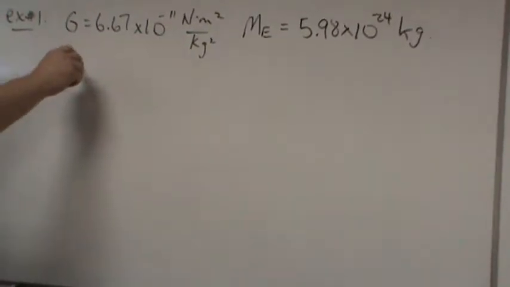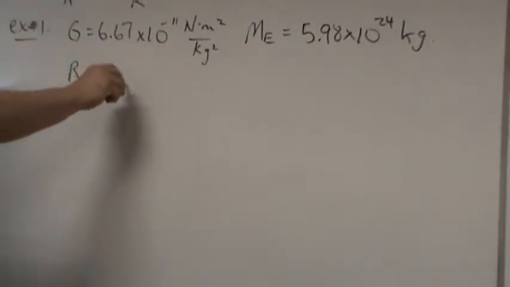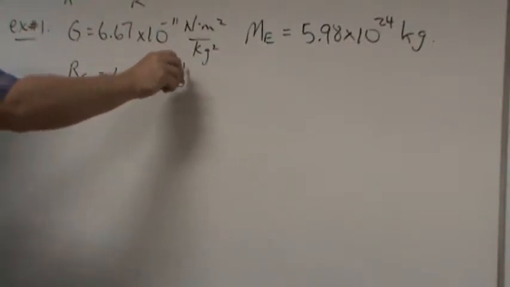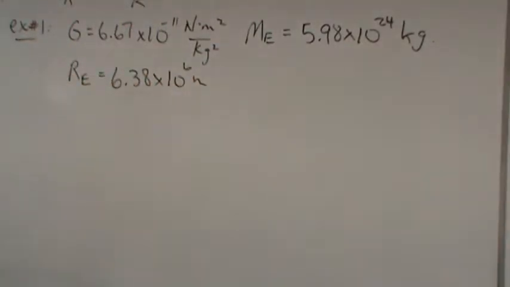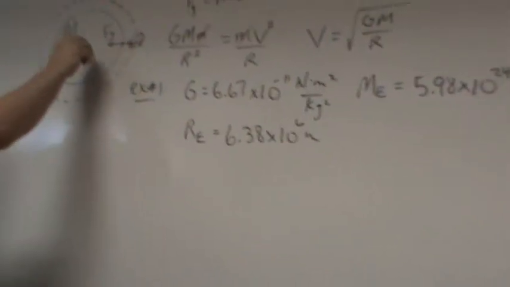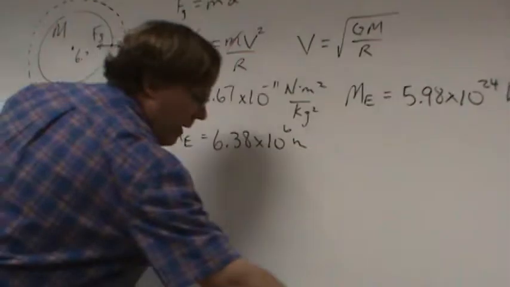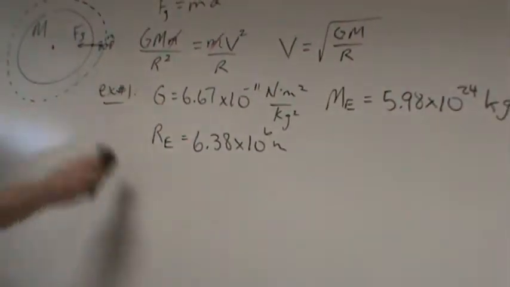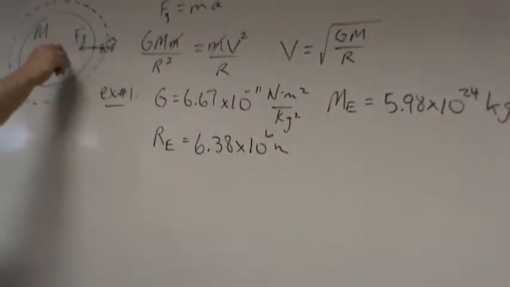The radius of the Earth is 6.38 times 10 to the 6th meters, according to my book. So this radius from here to here, we'll just call that the radius of the Earth.